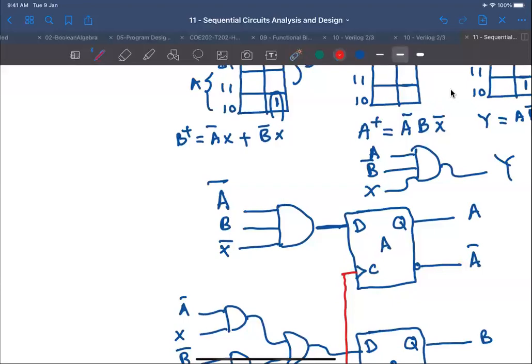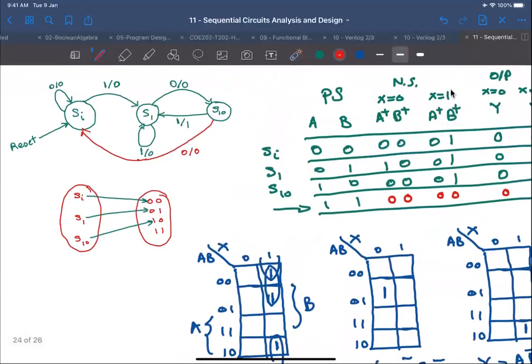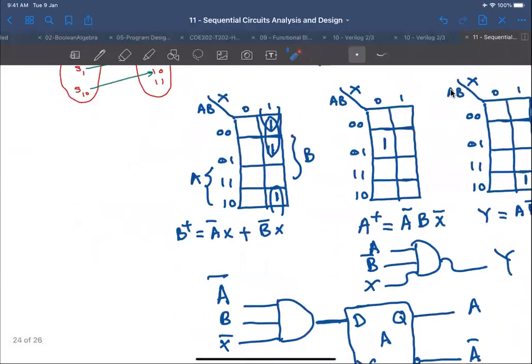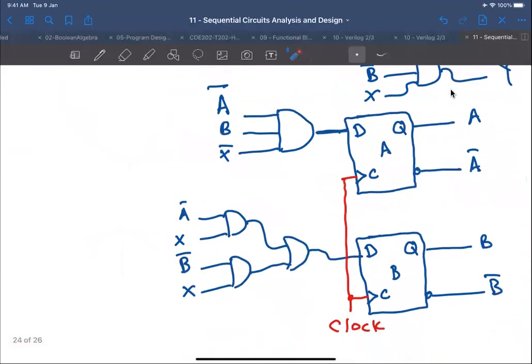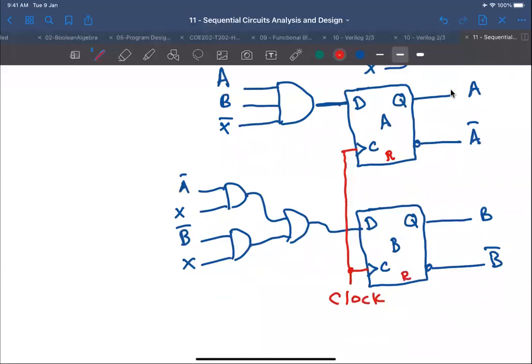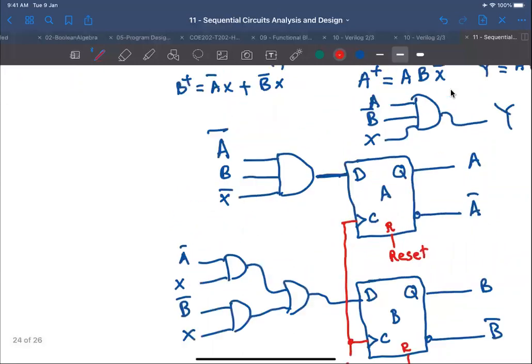So the thing that I was hinting at here is the reset state. We must have a reset button to go to the reset state. So we have an asynchronous reset input for the two flip-flops, in which when reset is asserted high, I should go to state 00.